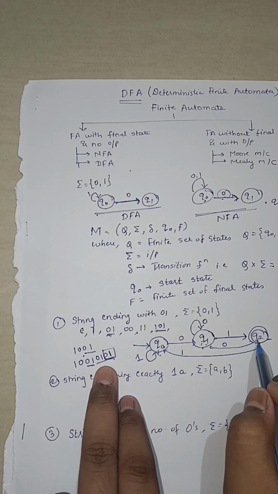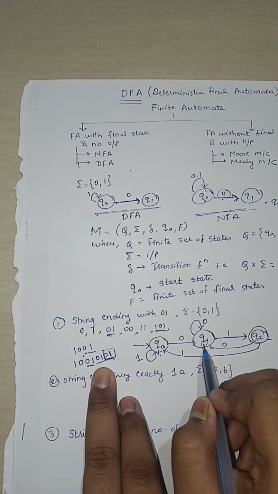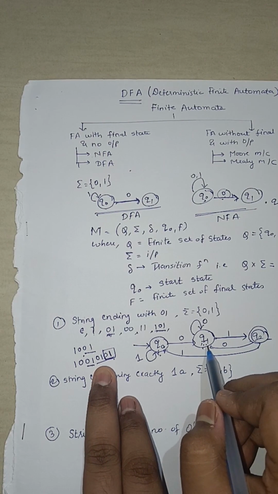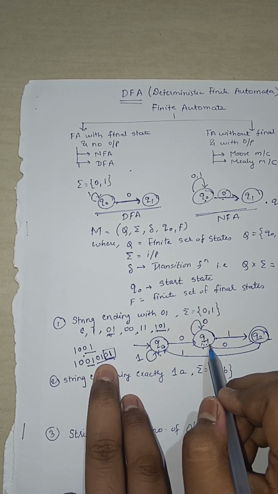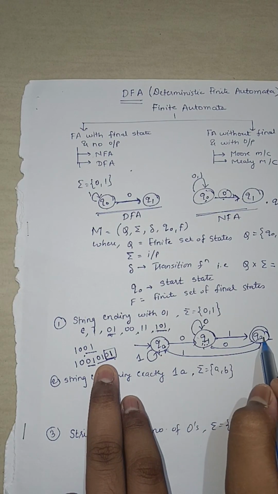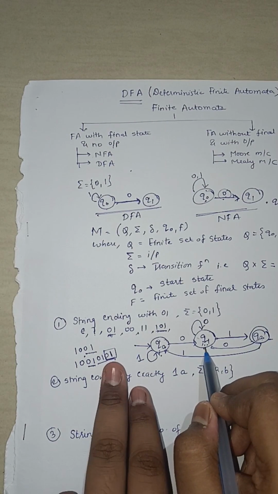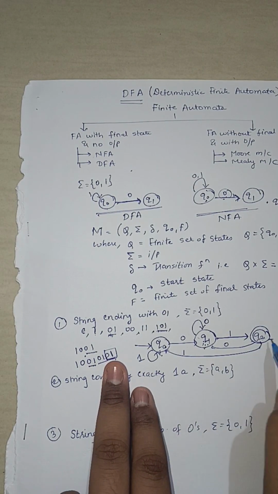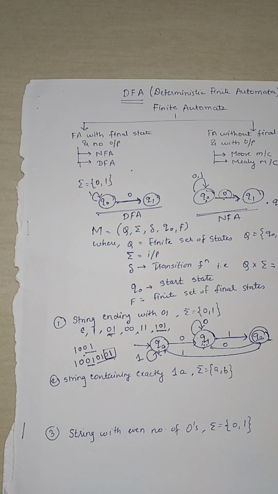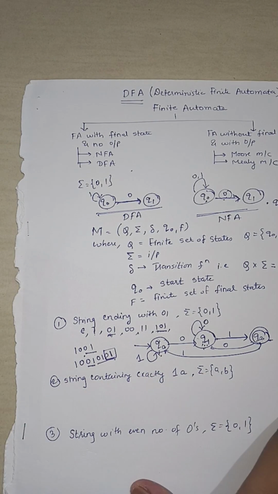That's why if it receives 0, going to q1, yes, it is receiving 1 going to q2. Again it is receiving 0, q1, receiving 1, going to q2. Means at last we are getting the final state, means it is accepting. So this is our first example.